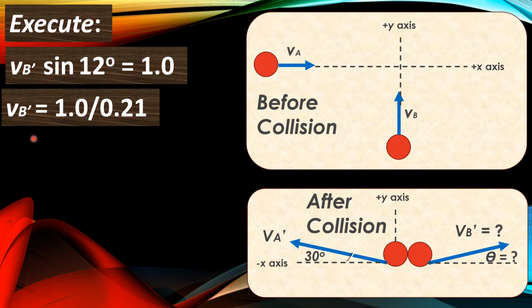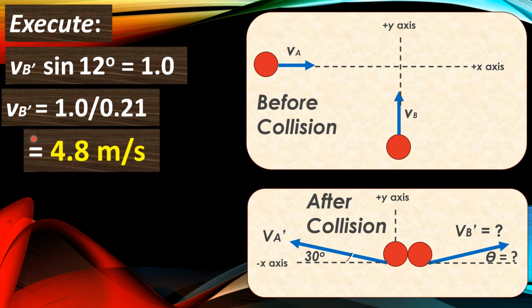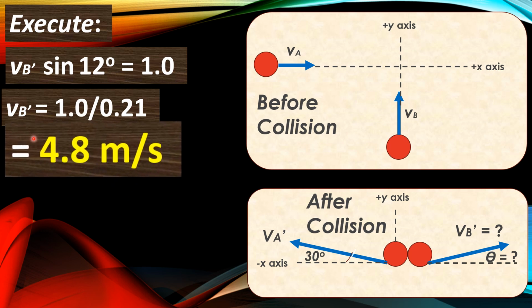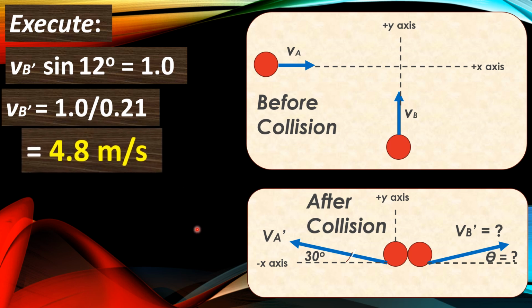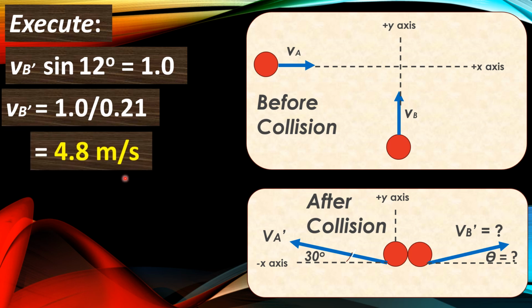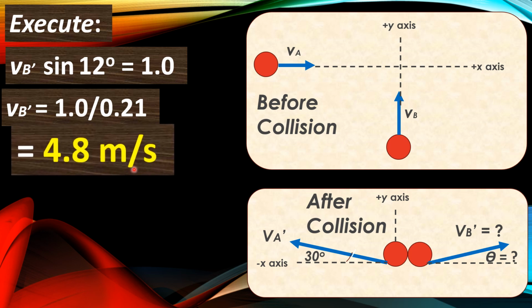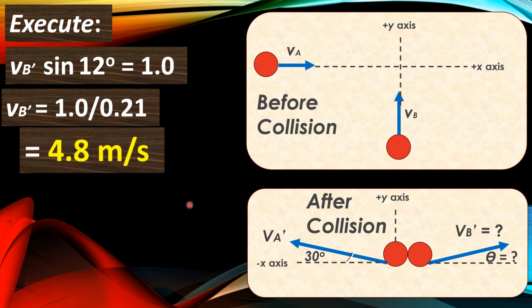Hence, we will have the value of the speed of particle B just after the collision, which is 4.8 meters per second. Or this is the magnitude of the final velocity of particle B.